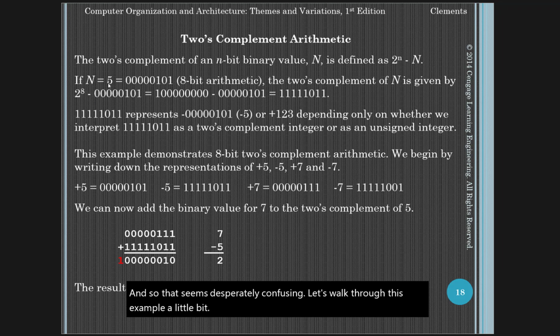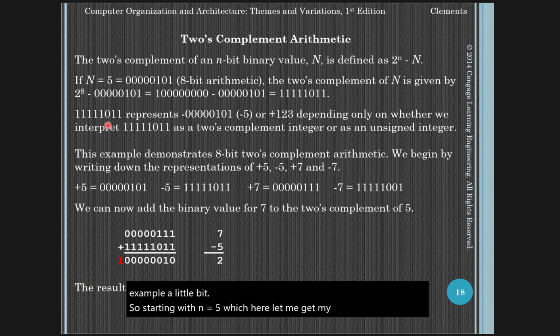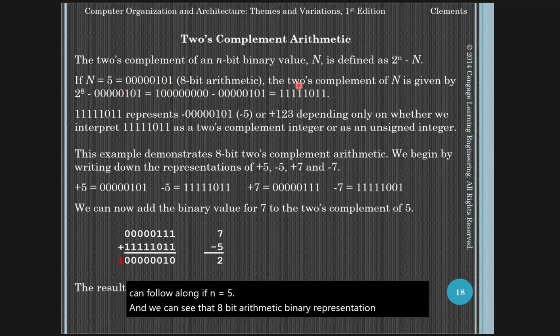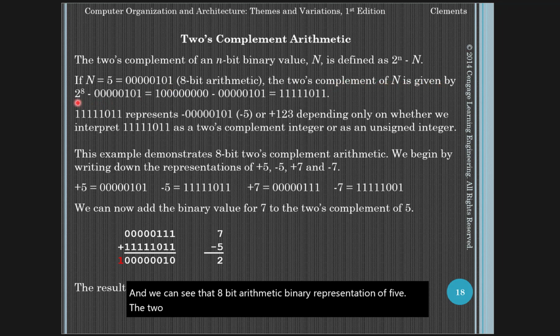So starting with n equals 5, here, let me get my pointer out so we can follow along. If n equals 5, and we can see the 8-bit arithmetic binary representation of 5, the 2's complement of n is 2 to the 8, which is this value right here, minus this, which gives us this, right?